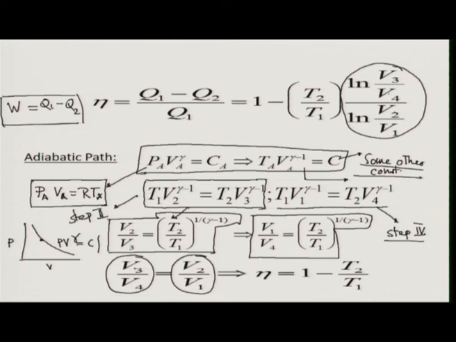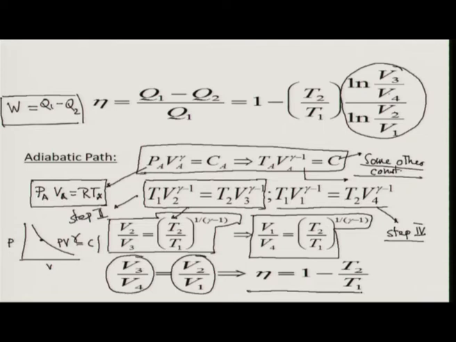When I consider these two equations together, I can write V3 by V4 is V2 by V1. I substitute it back here. Immediately I get efficiency is 1 minus T2 by T1.